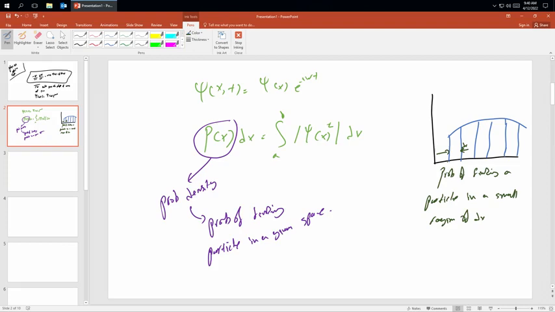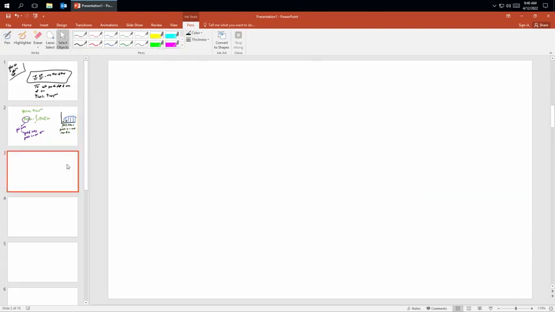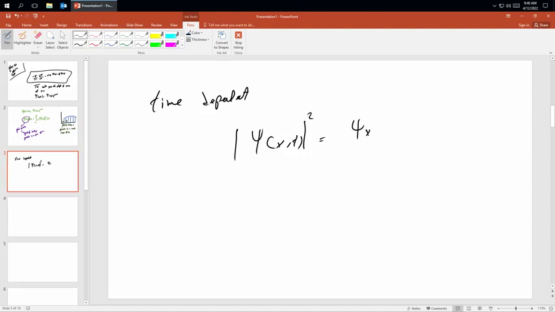Okay? Now, this equation is time dependent. That means psi of x and t squared is going to equal the absolute value of psi of x squared. We said psi of x and t was what? psi of x e to the minus i omega t, right? So this is going to be the absolute value of e to the minus i omega t squared, which, if you actually do both of them, is going to equal what?